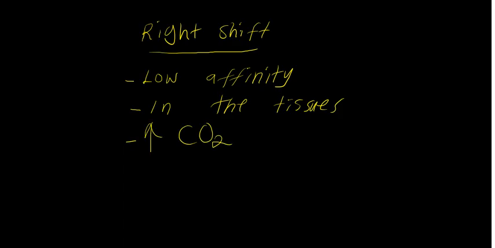An increase in carbon dioxide will affect hydrogen ions. How does the carbon dioxide affect hydrogen ions? When carbon dioxide is increased, it will increase the level of hydrogen ions. And how does this happen exactly? This carbon dioxide will combine with water to produce carbonic acid.